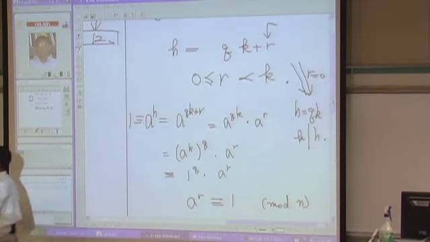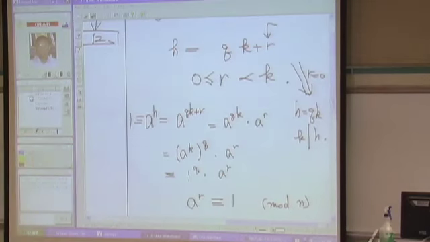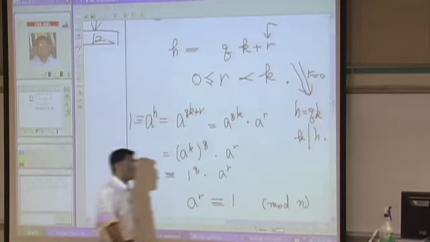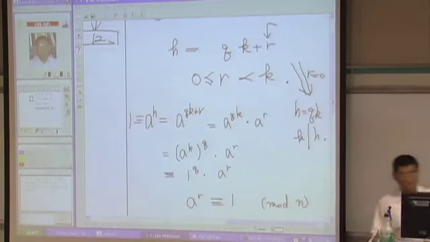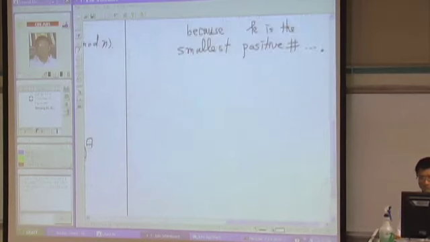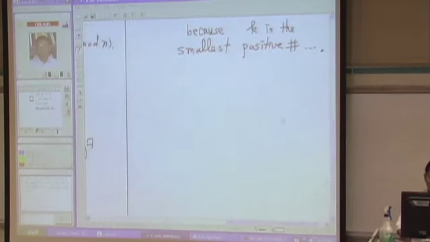And in addition to just this fact, it shows us the direction to find the order. What is a to the power of phi of n?